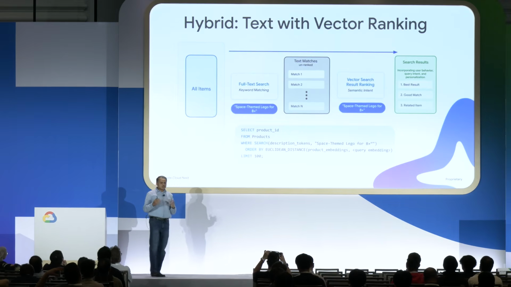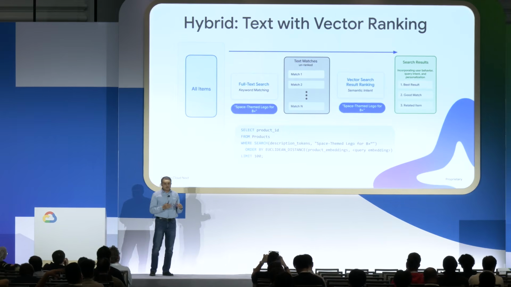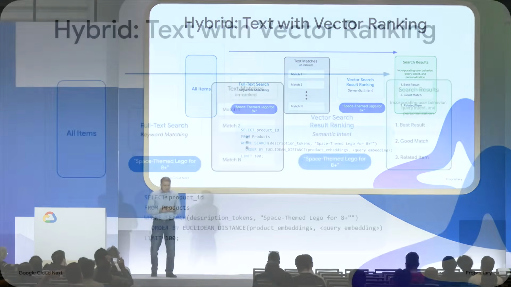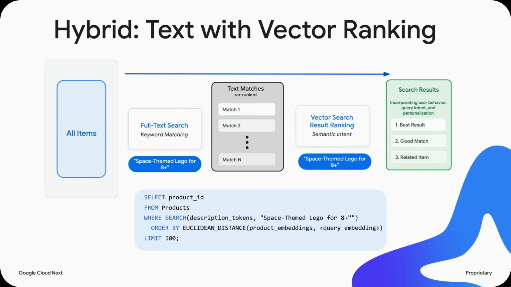So there are different ways in which you can combine text with vector. Here is a simple way, right? You have a table called products, and you have this query term, space themed Lego for 8+. So the full text search is basically looking at all your items, going through the index, and finding documents that match. So it's basic token-based matching, right? So you get your text matches in the middle.